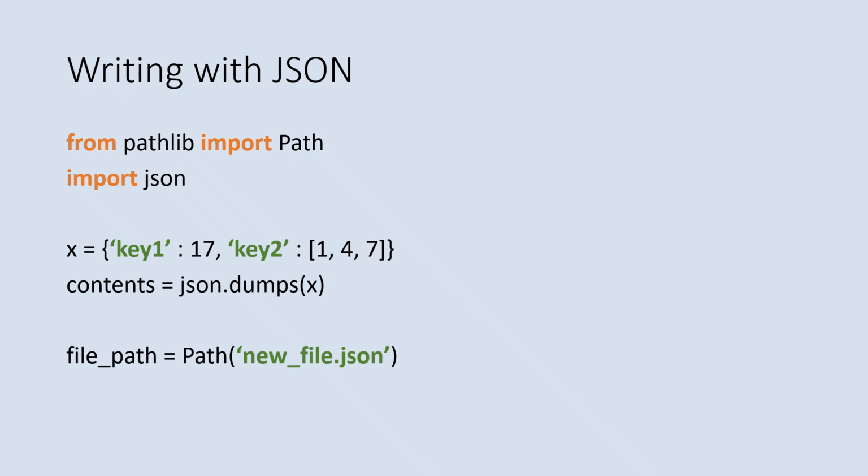And then if we create a file path to some new file, in this case, rather than calling it a .txt, we typically call it a .json file. And then we could write those contents to that new file. So if you follow these steps, put in this code and run this, you will see that in the location of your code, there's a new file called new file. It's a JSON file.